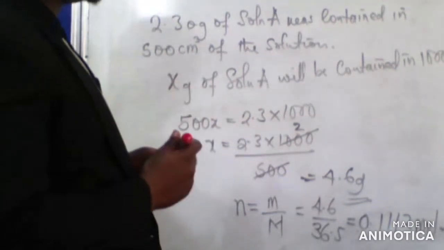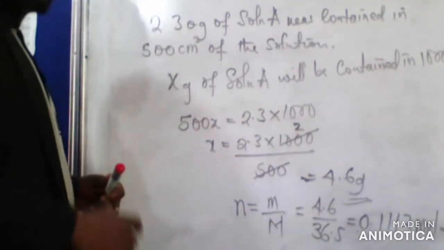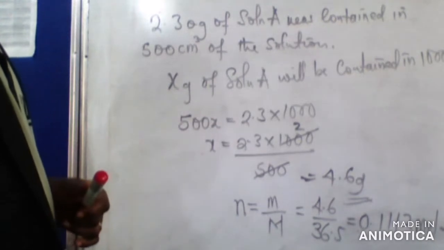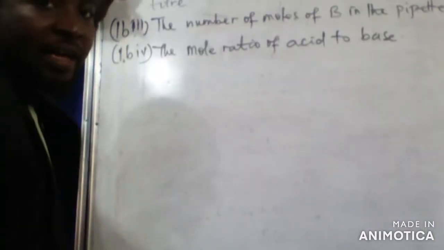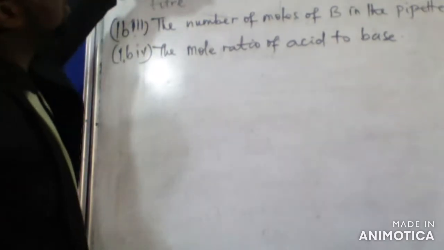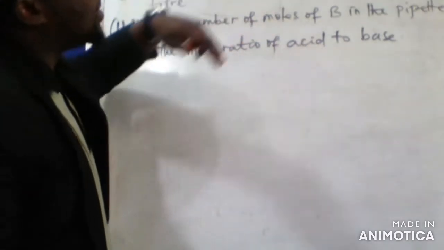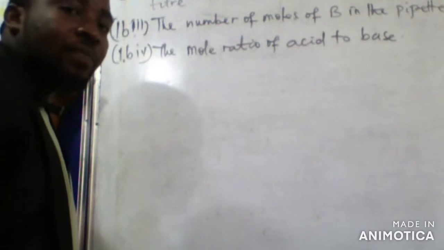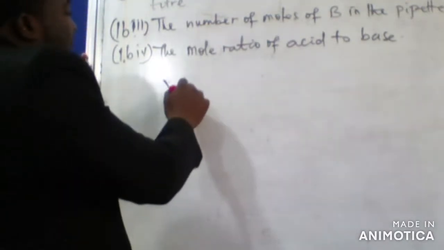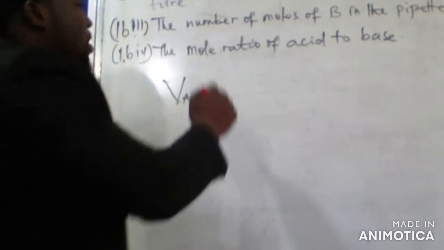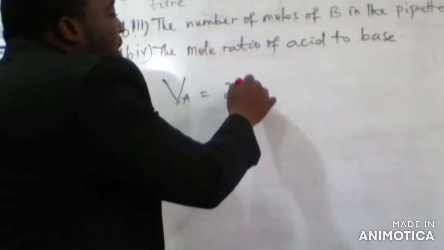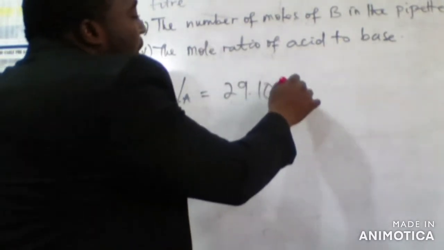Okay, let's go to question number 2. Question 1bii says find the number of moles of acid in the average titer. Now remember, the average volume of acid used that we got in my center was 29.10 cm cube.